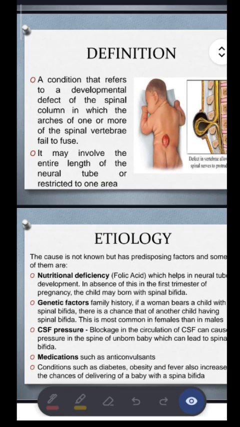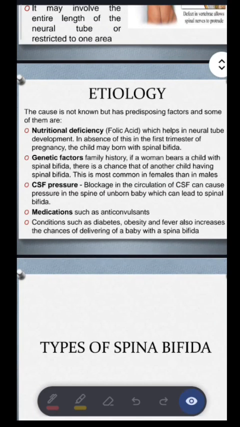So, what are the etiologies? There are mainly four classifications of etiologies. The first one, as we said previously, is nutrition deficiency of folic acid, which helps in neural development. The absence of folic acid, mainly in the first trimester of pregnancy, results in spina bifida.